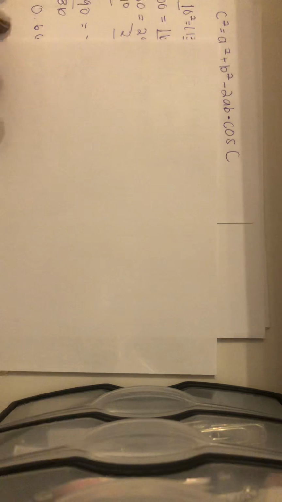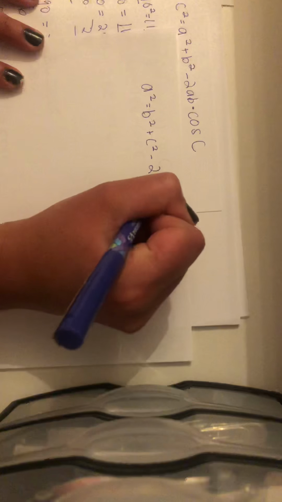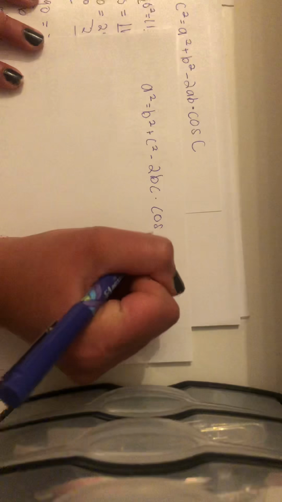When we solve for angle A, the formula that corresponds with it is the first one, because that's the only one that deals with cosine A. So we have the formula a squared equals b squared plus c squared minus 2bc times cosine a.